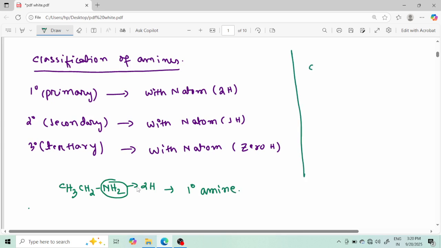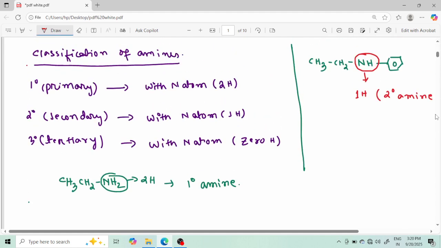Now if I give you this structure, suppose CH3CH2NH and something like this. It does not matter what is connected to nitrogen. The only thing you have to see is how many hydrogens nitrogen has. So here it has 1 hydrogen, and 1 hydrogen means I can say it's a 2 degree amine.